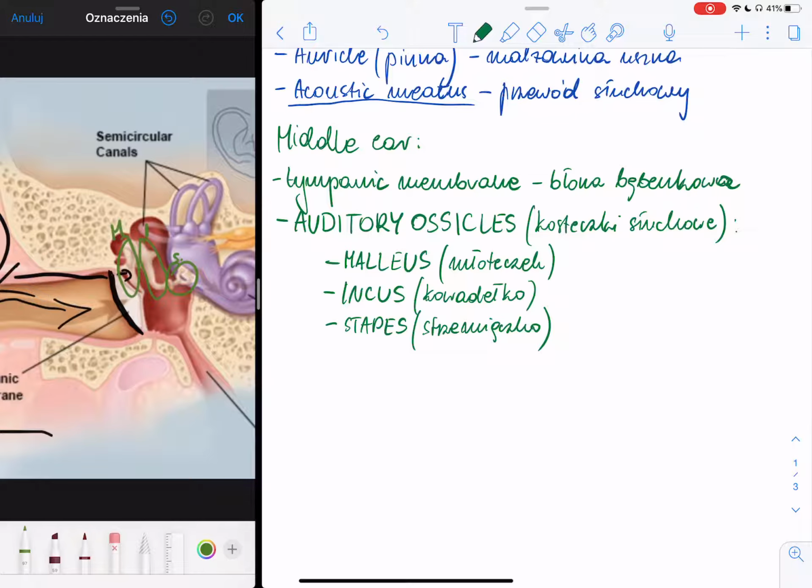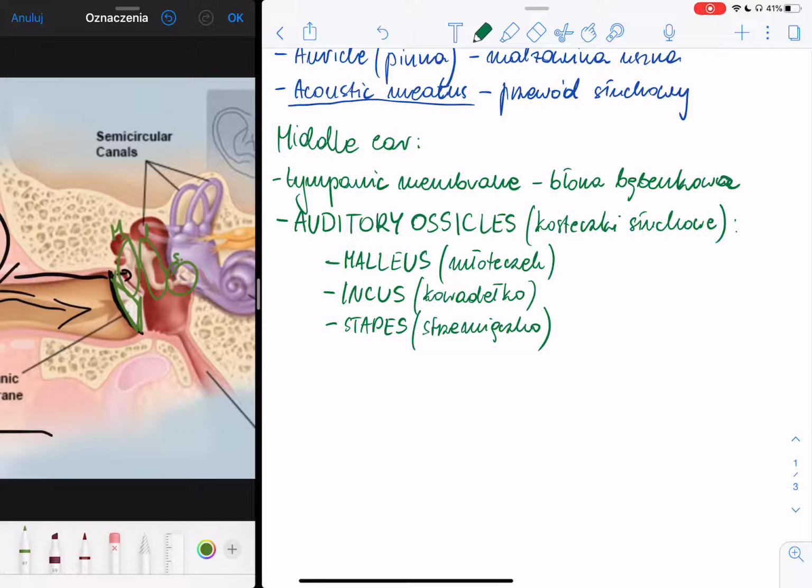And guys, those three act as a simple machine. Whenever a sound wave hits the tympanic membrane, which is here, the sound wave hits the membrane, then the membrane starts to vibrate.